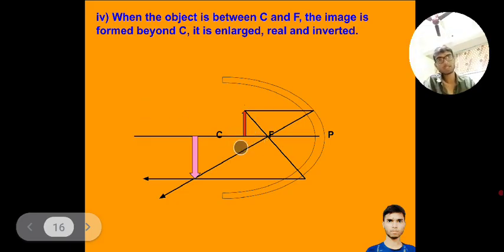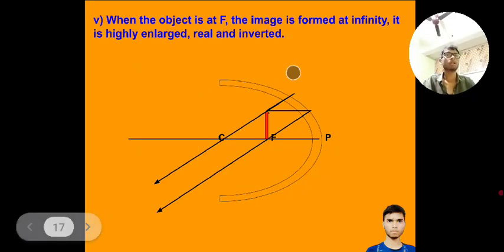Okay, now this is clear. Now what about if the object is at the focus? Then what will happen? The real image would be at infinity.